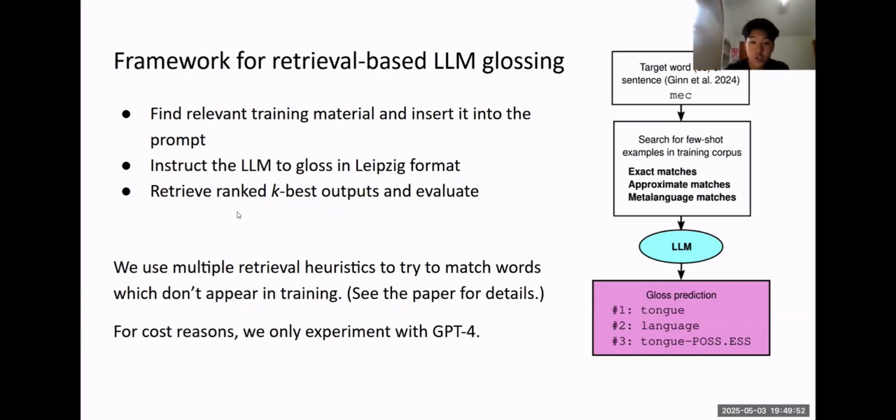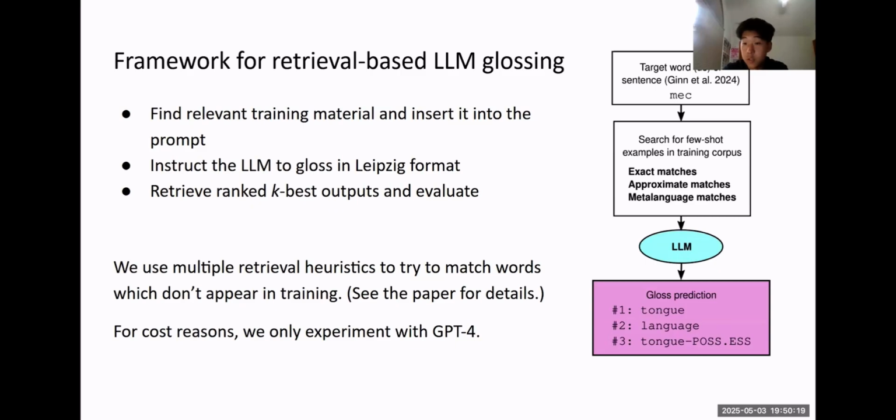If there wasn't an exact match, it would use approximate matches, ranked by k-best outputs, searching for words with the longest common substring. Essentially, words that are similar enough to the target word, but might not be the exact word. As long as characters were the longest substring between the two, they would be pulled and also given to GPT-4 as well.